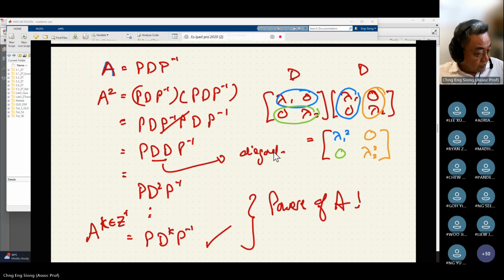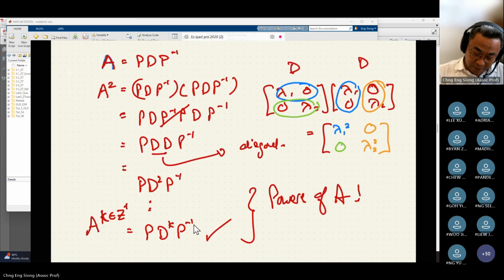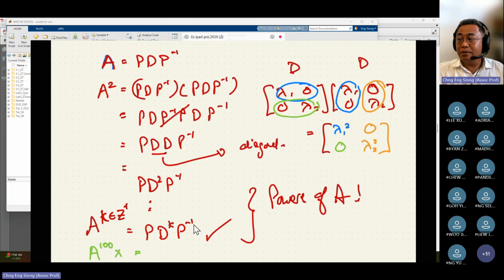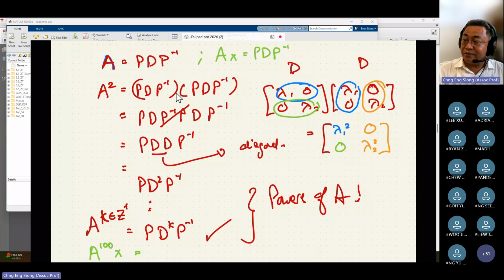All right. Now, let's try something. What do you think A to the 100 times X looks like? Guys, anybody? I showed you what AX looks like. AX looks like PDP inverse X, right?